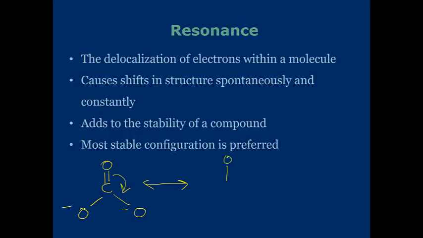So electrons would bounce around in the system. Like so. As you can see, it's constantly juggling around. And it's going to rotate around consistently, like so. And as you can see, this thing is going to bounce around constantly.